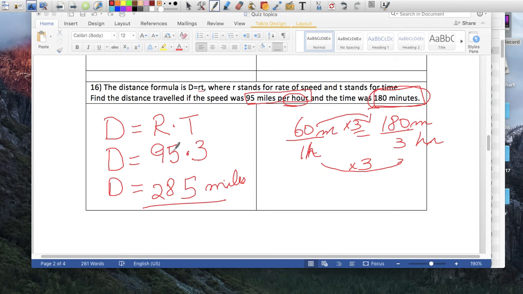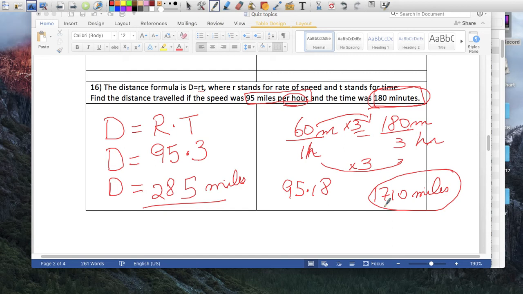Otherwise you would have been multiplying 95 times 180, and that would have given you 17,100 miles in 3 hours.